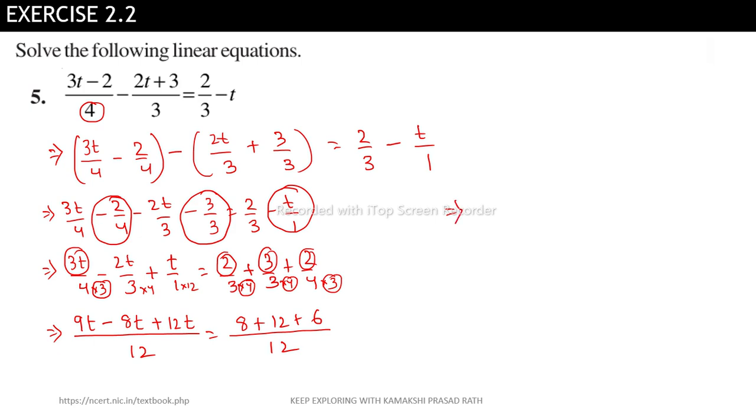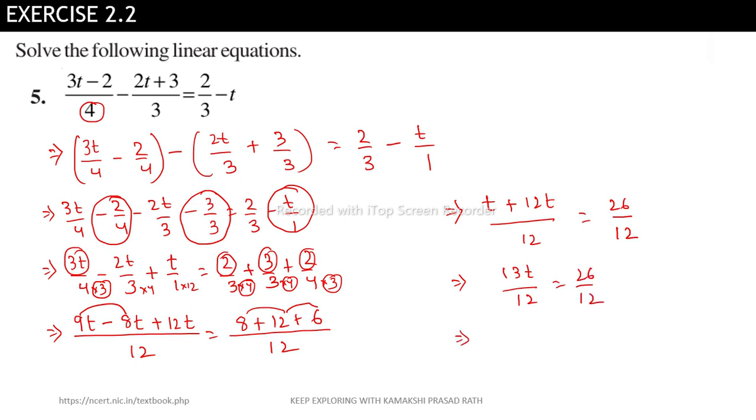Now in the numerator we have 9t minus 8t, we get only t, or 1t, plus 12t by 12 is equal to 8 plus 12, that is 20, 20 plus 6, we have 26 by 12. Solving the numerator, 12t plus t, we get 13t by 12 is equal to 26 by 12.